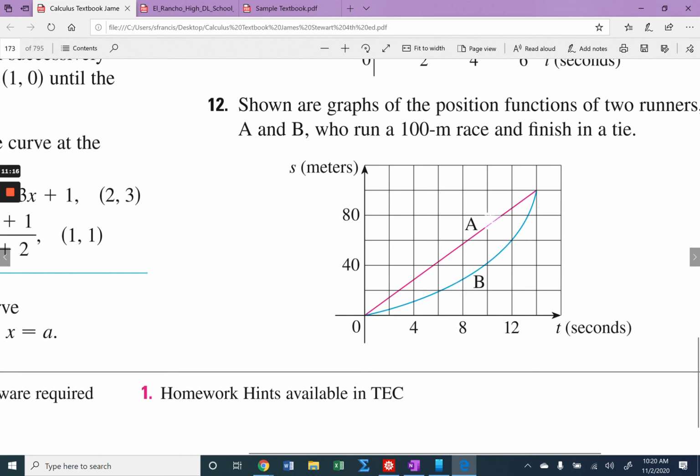Or imagine picking this up and dragging it over so it stays with the same slope, until it is just about to no longer touch B. At that point of tangency, look down and see where it touches, or would touch, the x-axis, and that will be the value of t at which this happens. Okay, so that's what you need for that one.